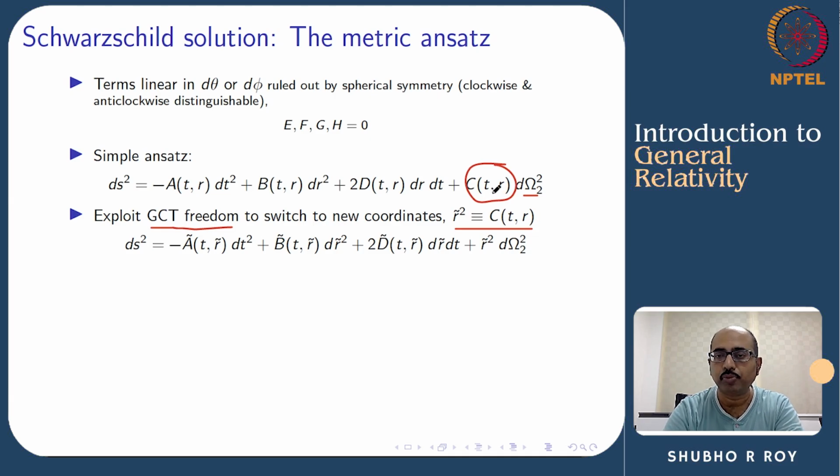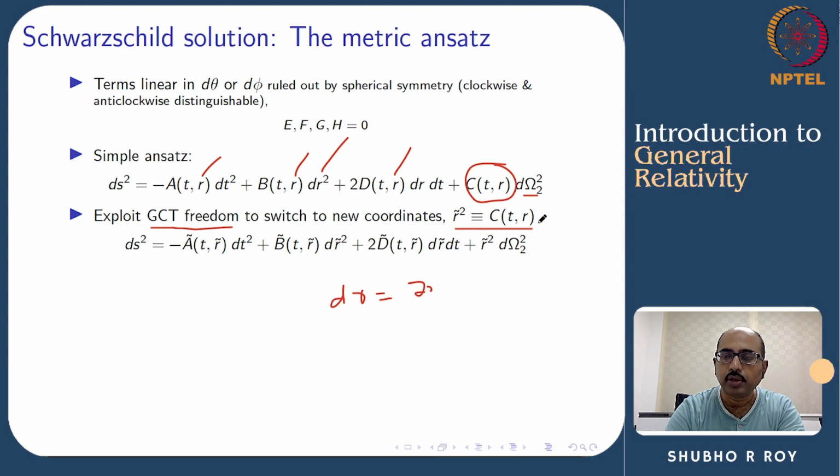Whatever function it is, undetermined, doesn't matter. I will call that my new coordinate squared. Of course, when you do this, you have to eliminate r from everywhere. Dr you can do using the chain rule. Everywhere you find dr, you've got to substitute from this equation.